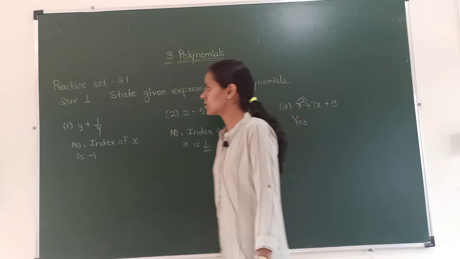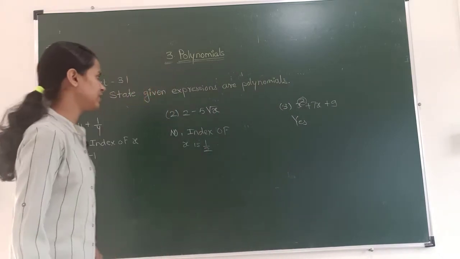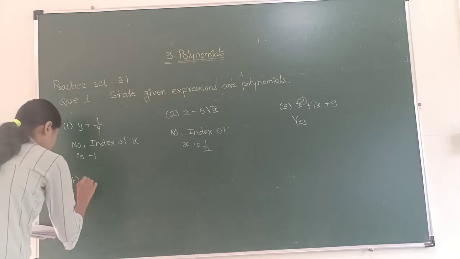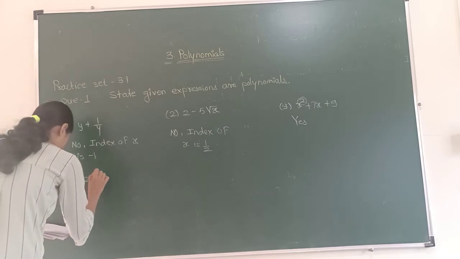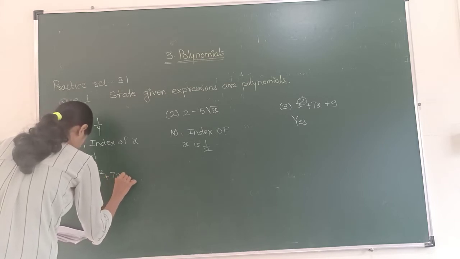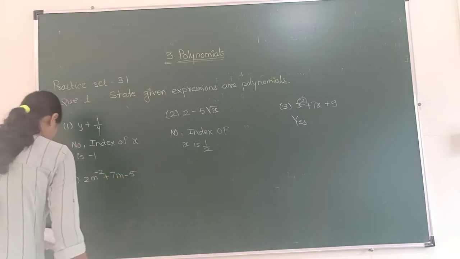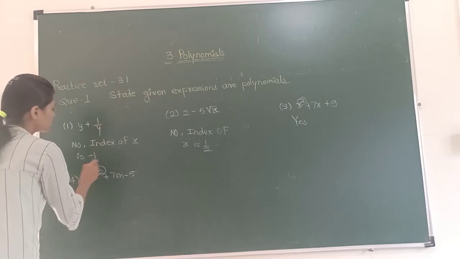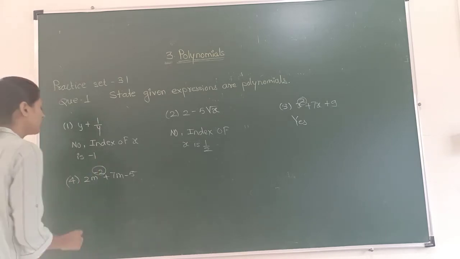Okay, this is sub question number 3. Now we will move towards sub question number 4, that is 2m raised to minus 2 plus 7m minus 5. Is this a polynomial? No, it is not, because minus 2 is not a whole number.